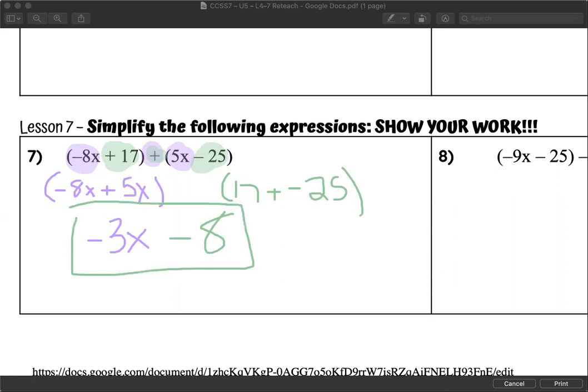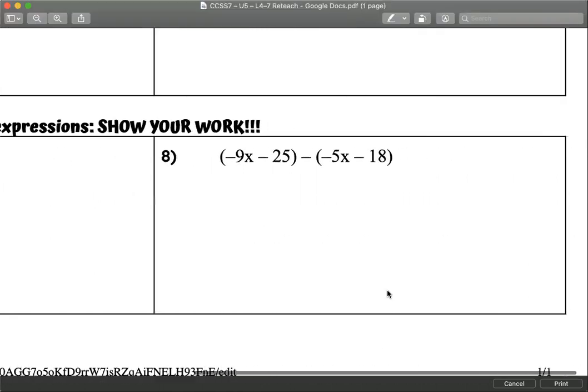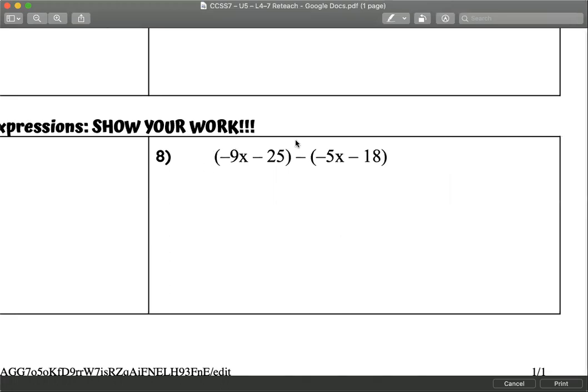Let's try that one more time, but with subtraction. And this is where we see people making mistakes. So again, there's no numbers outside the parentheses, so we are just combining these terms. And I'm being careful to note that we are subtracting both. So I am first doing negative 9x minus negative 5x. I'm going to write that in parentheses.